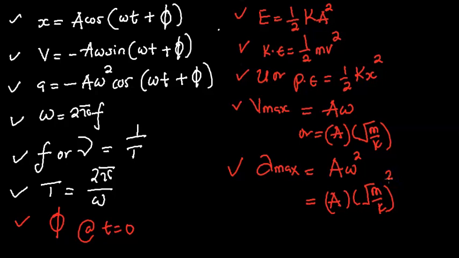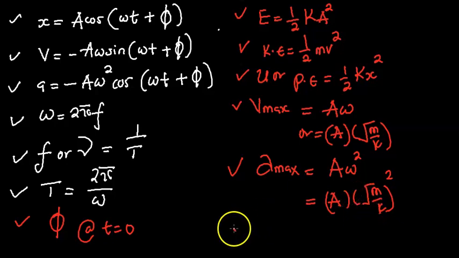It represents the maximum acceleration experienced by the object during simple harmonic motion. In this case, A is the amplitude, while omega is the angular frequency.